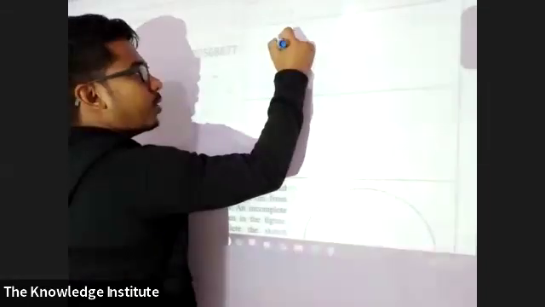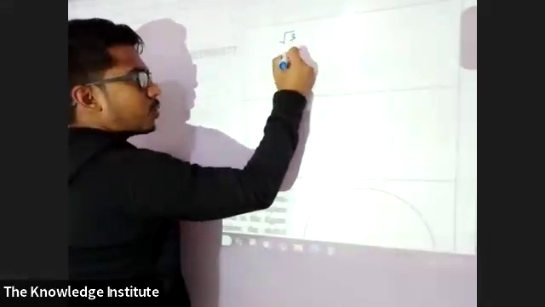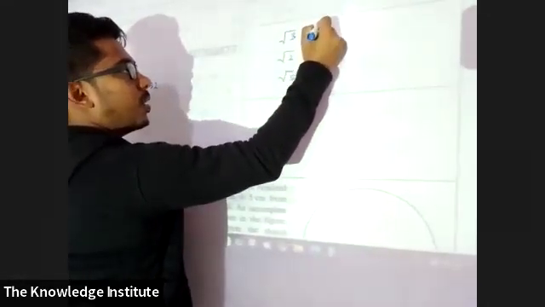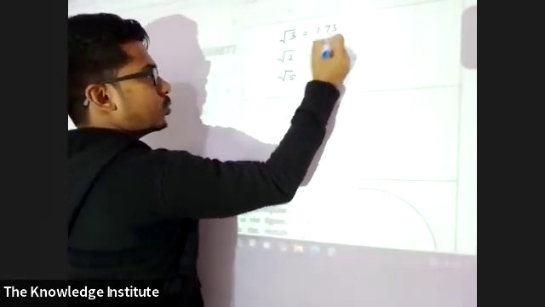Square root of 3 is 1.732. By the way, if you are planning for an A plus in math, you should know these values. Square root of 3 is 1.73.